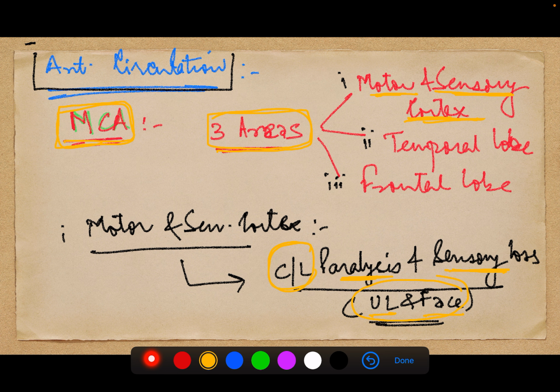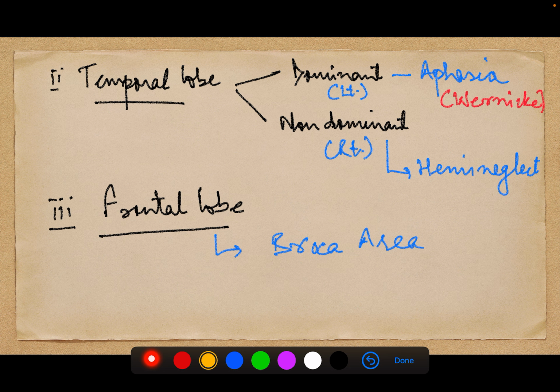And if we look at this, just imagine the lateral aspect of the cerebral hemisphere. It is mainly constituted by the temporal lobe and the frontal lobe, which have middle cerebral artery blood supply. So there will be involvement of the temporal lobe. If it is the dominant side, which is usually the left side, there will be aphasia.